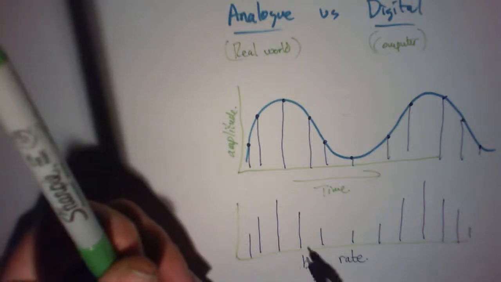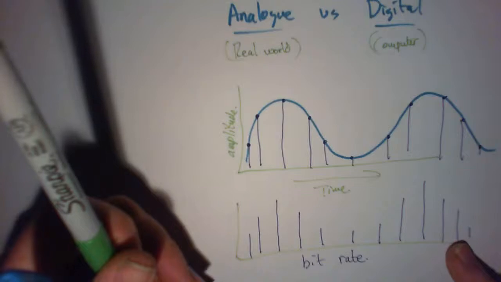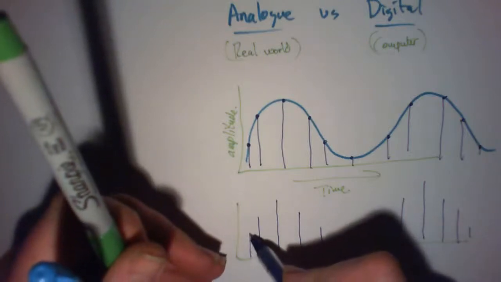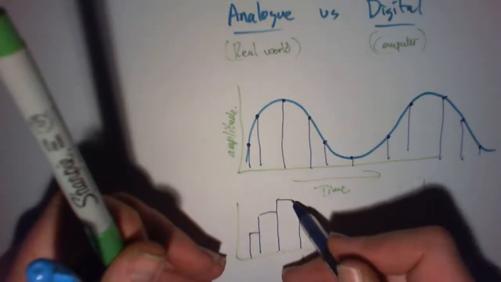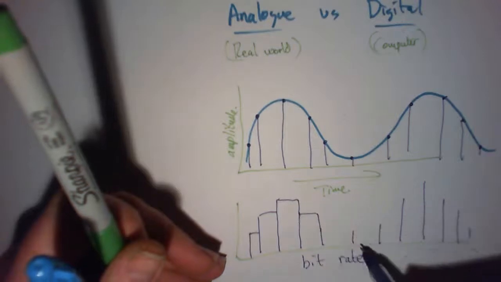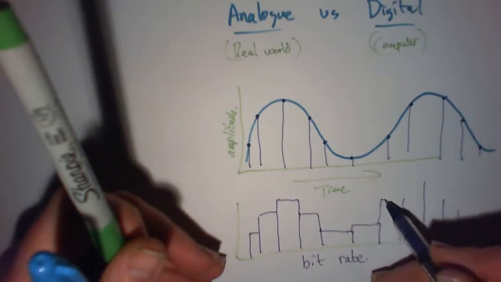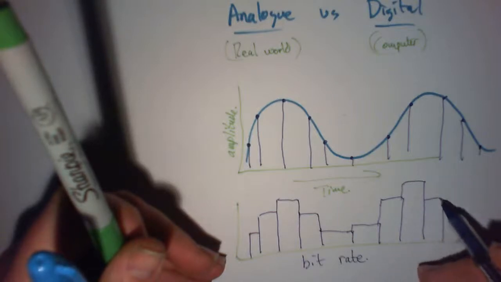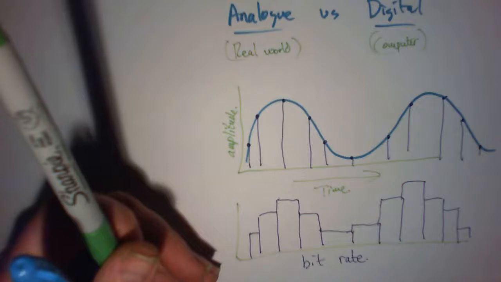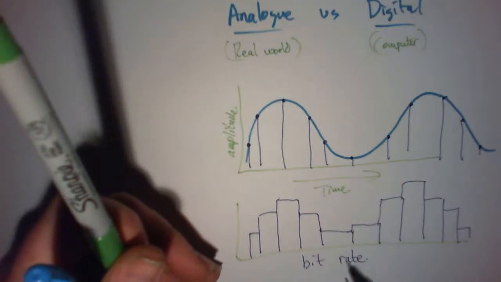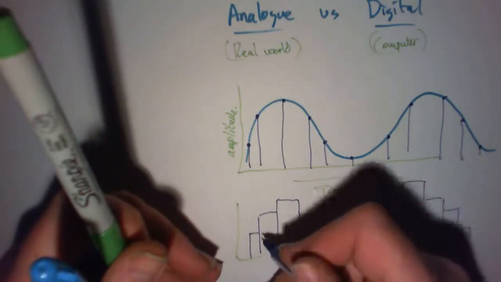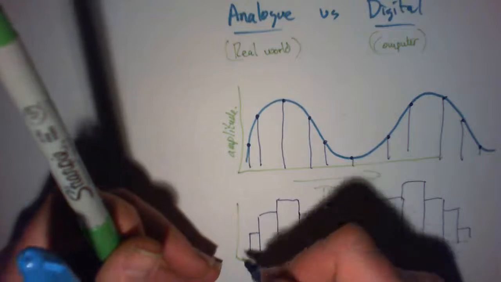So obviously once you've done this enough times, you will build up a close enough approximation to the original. And the higher the bit rate, the more accurate it will become.